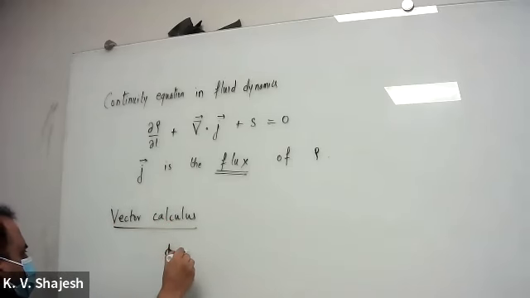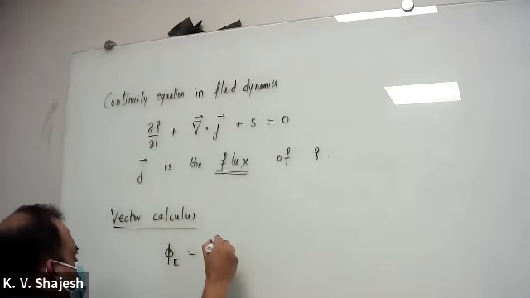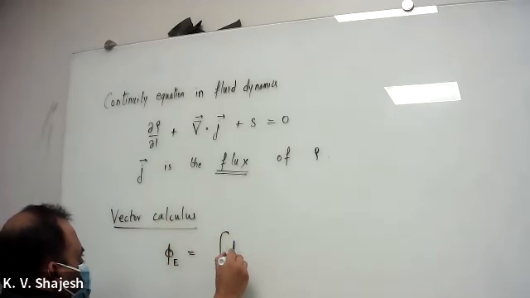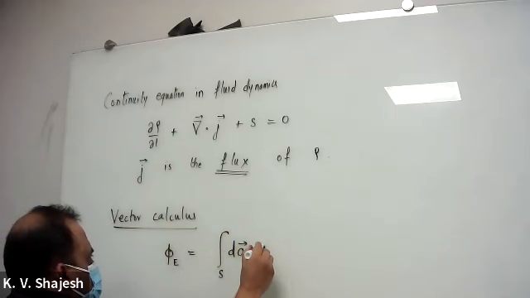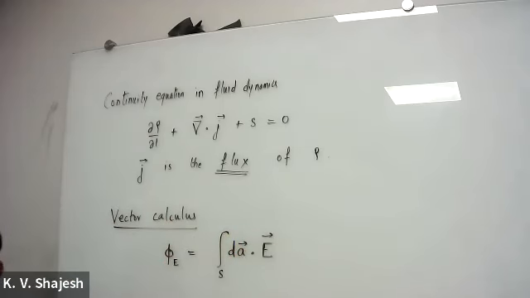If you remember, we define the flux in electricity and magnetism over some open surface S, doesn't have to be closed, as the integral of dA dotted with E. Correct? That's also flux. That's the flux of the electric field.